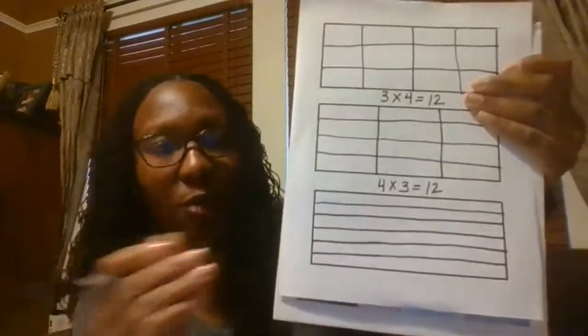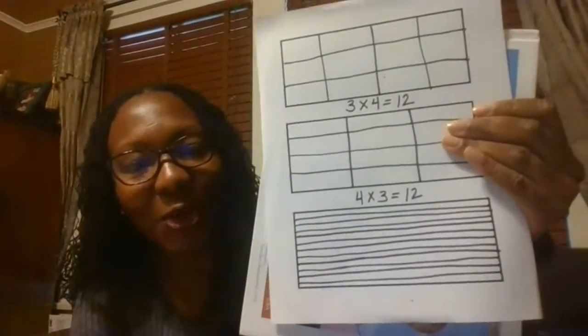Like so. And then we're going to partition it one more time to give us the 12. So we have 1 times 12 equals 12.